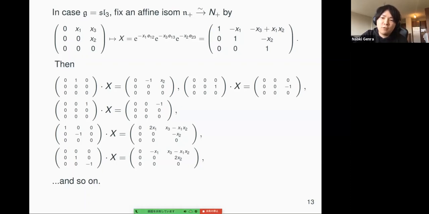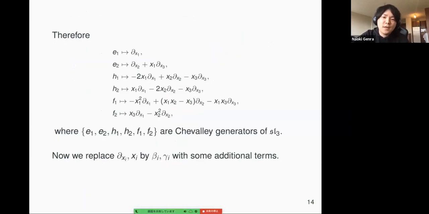And the 1,3 component should become x2. And minus x2 becomes 0, right? So this result says that E12 acts on x as a differential of x1. In the same way, you can compute this expression from this formula.